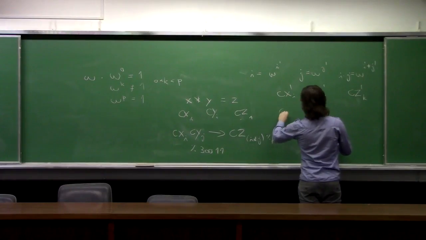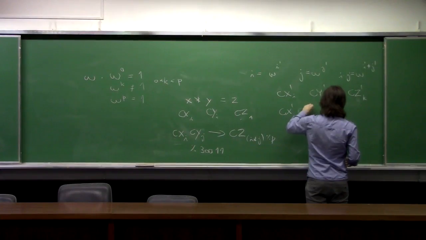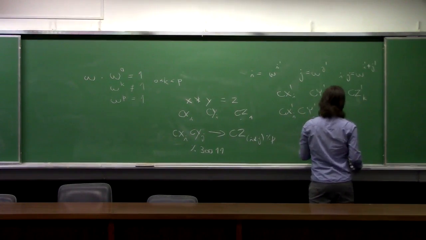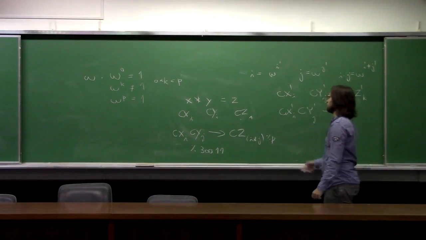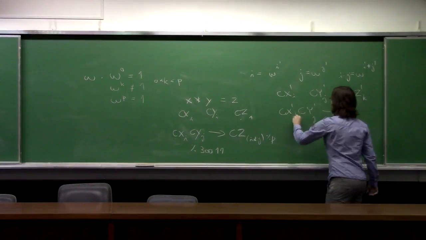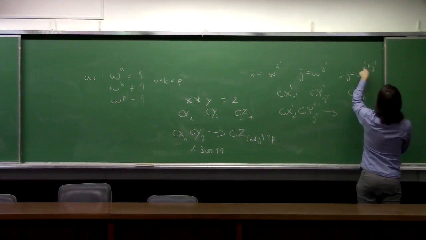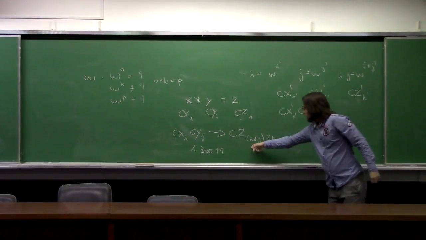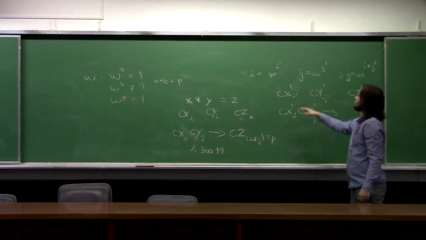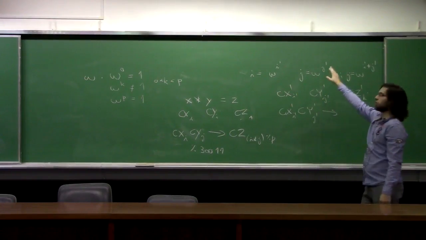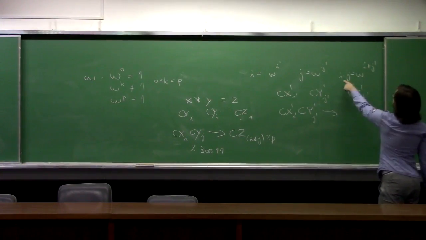It's just that Cx prime i times Cy prime j should be added to whatever corresponds to Cz of i multiplied by j modulo p, since this was i prime, j prime, k prime. Then i times j is omega to the power of i prime plus j prime. So just like i prime corresponded to i, i prime plus j prime will correspond to i multiplied by j.